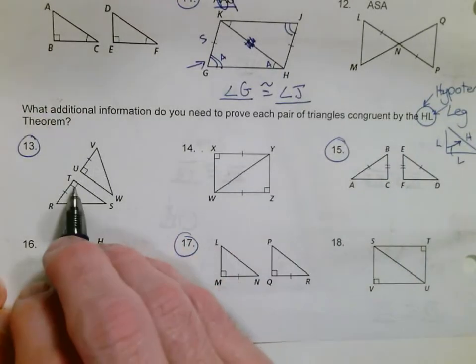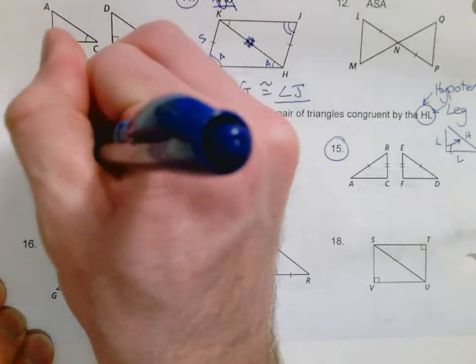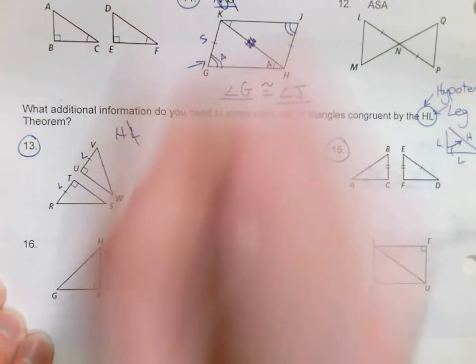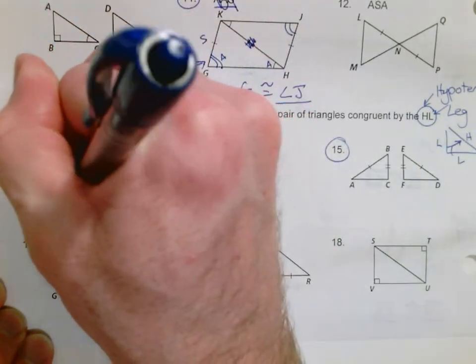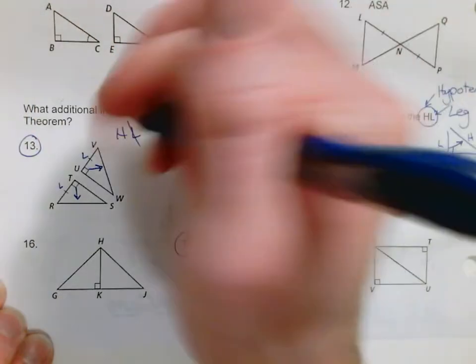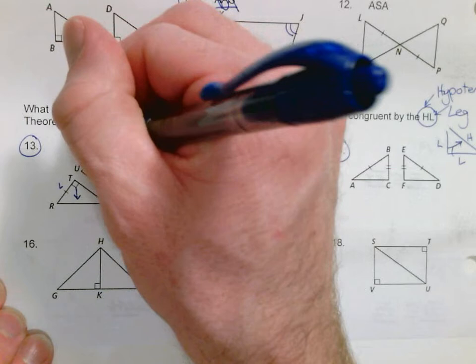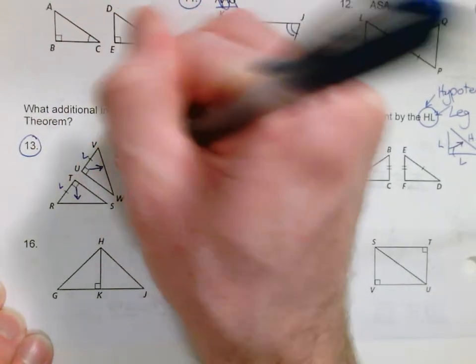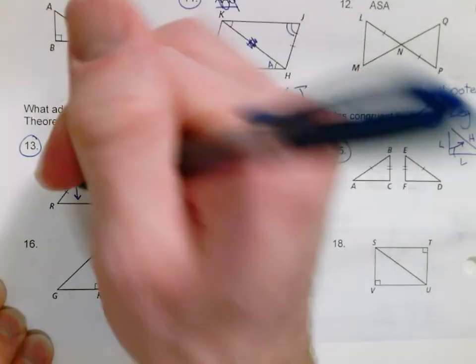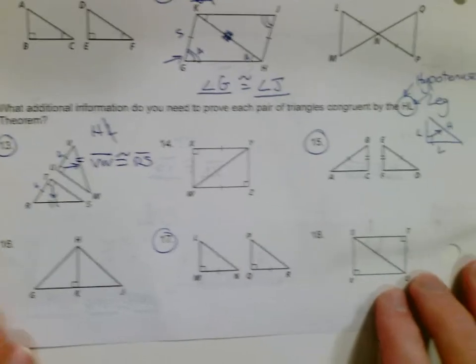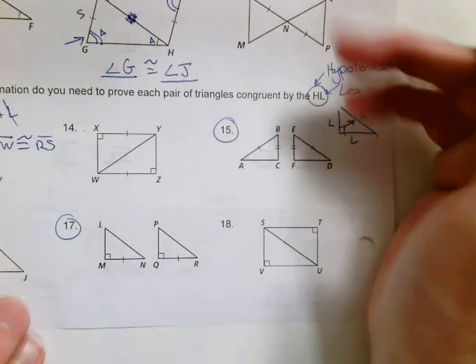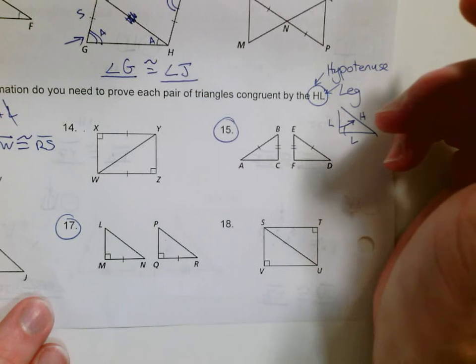So let's take a peek at what we have here for number 13. It is a right triangle, and we currently have a leg, which means that if we're going to try to use HL, the leg is already taken care of, and we need to make a statement about the hypotenuse, which would be opposite of the right angle. So that means that my statement would be that side VW would need to be congruent to side RS. For 15, I like this one.